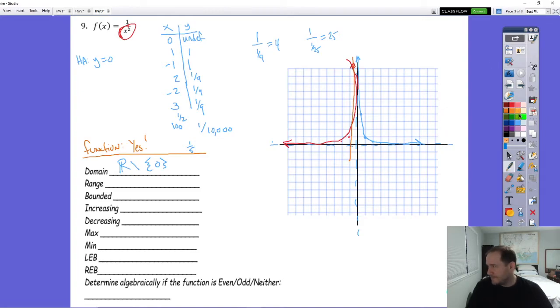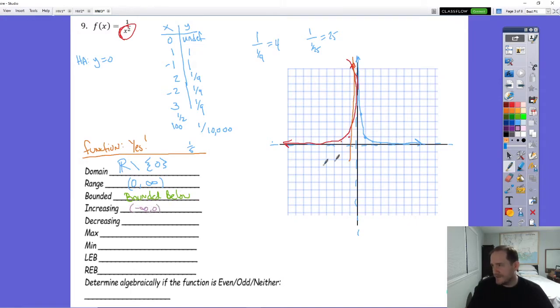Okay, what is our range? We can see that our range is everything from 0 to infinity. But the 0 is going to get a soft bracket because it's an asymptote, not a solid point. We can see that because we've got that asymptote, we are bounded below. The left-hand side of our graph is increasing, so negative infinity to 0.